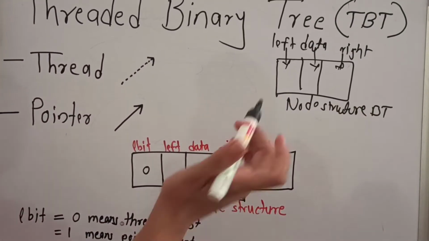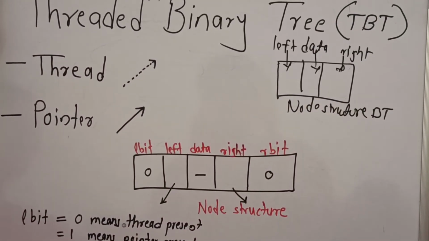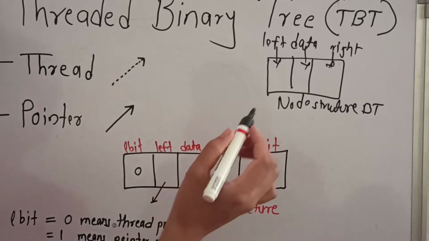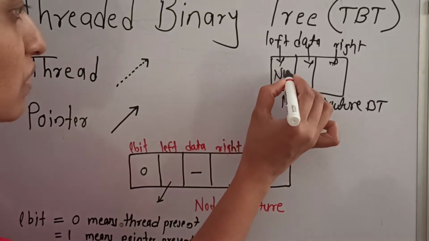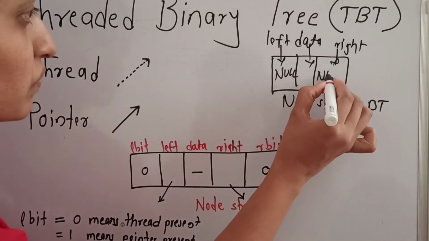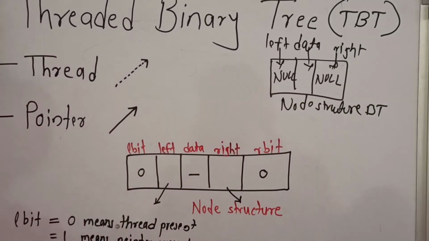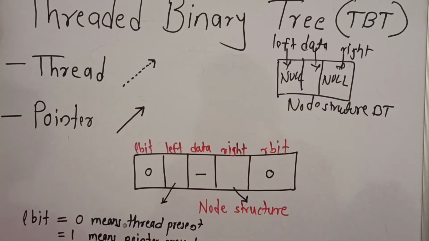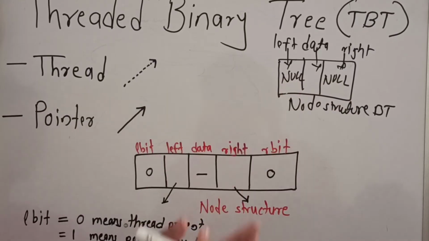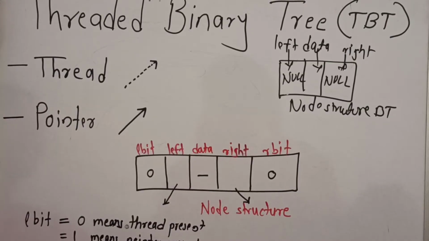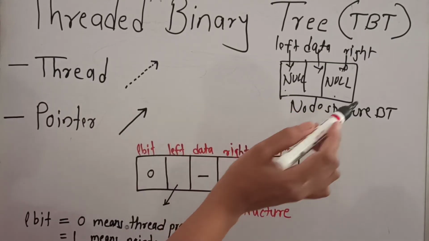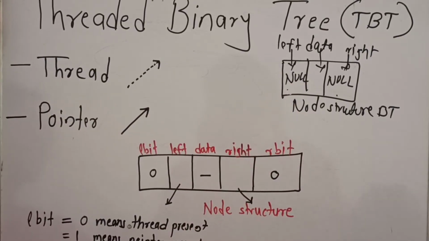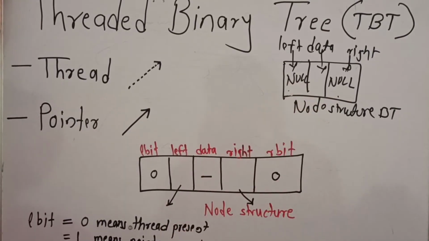In this linked list structure, if the left child or the right child is not present, then we represent it with null. The null indicates that no left child is present, no right child is present. So these spaces are available, but we can't use them for any extra purpose as null is represented here.